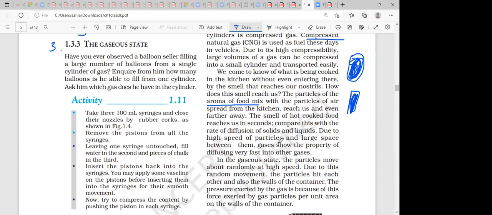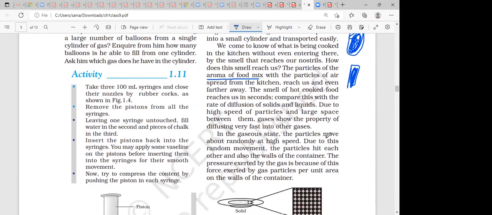Due to the high speed of particles and the large space between them, gases diffuse very fast into other gases. In the gaseous state, the particles move about randomly at high speed. Due to this random movement, the particles hit each other and also the wall of the container. The pressure exerted by the gas is the force exerted by the gas particles per unit area on the wall of the container.